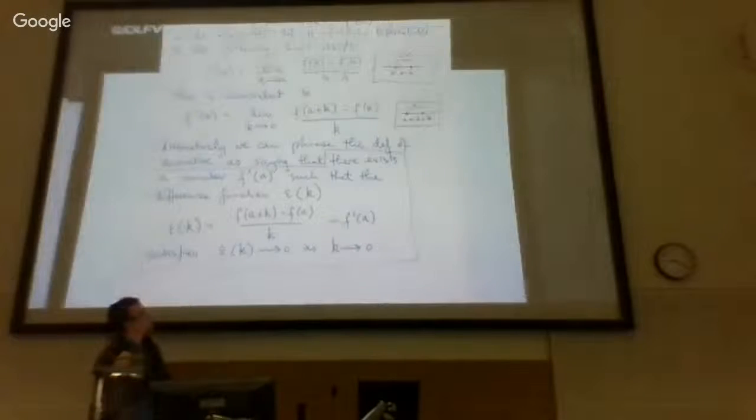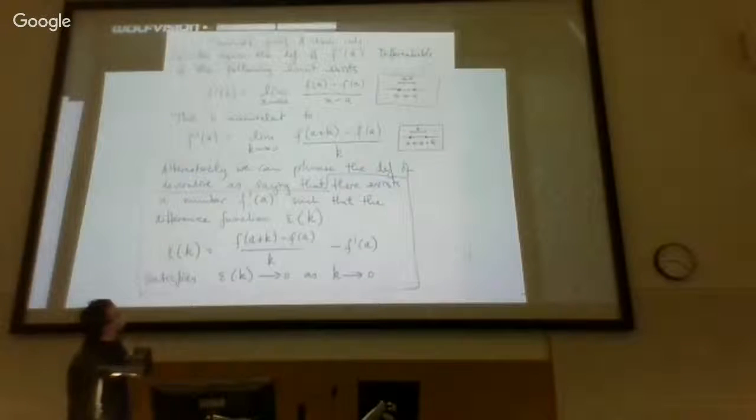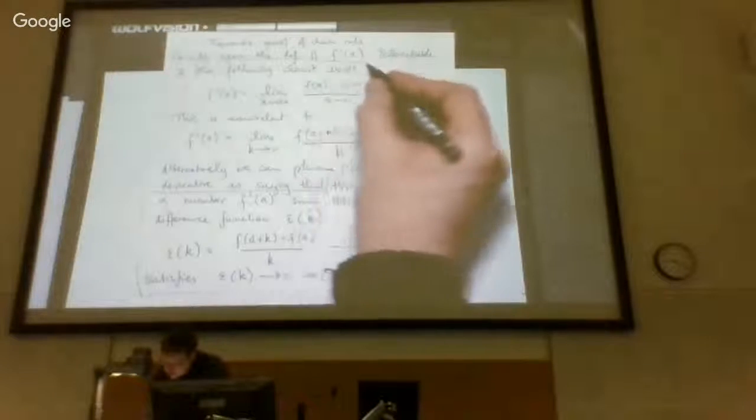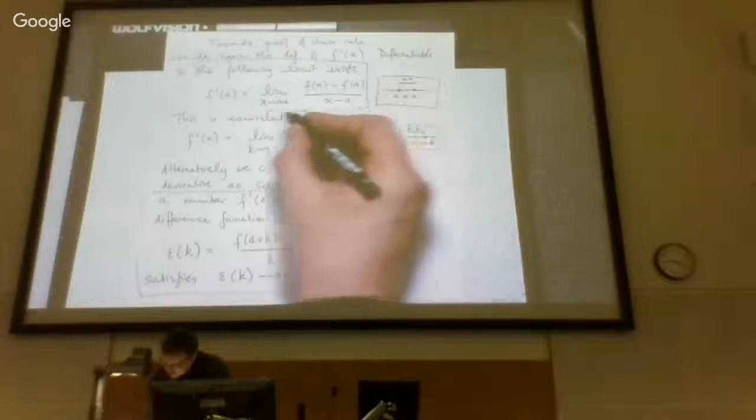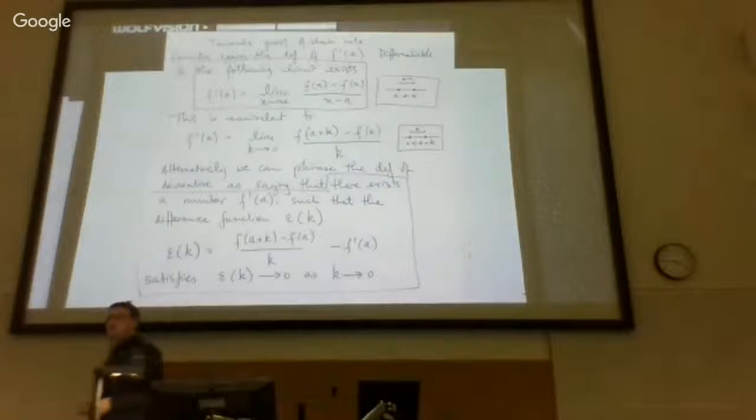What I'm putting in that red box, I'm claiming is equivalent to the original definition of the derivative. It's just a more long-winded way of saying it.